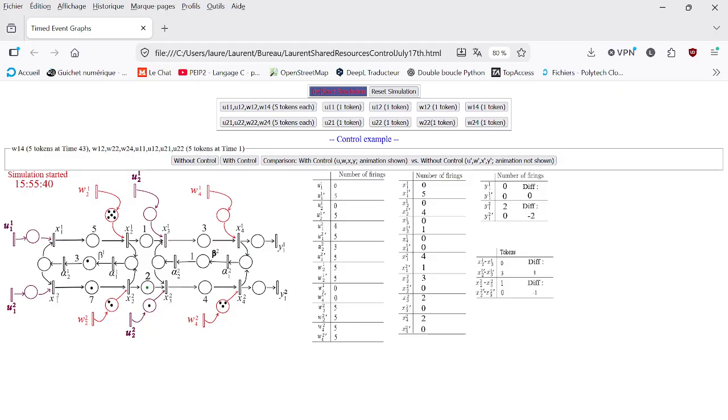It is not shown on the simulation because it's on the other window. And for this place, you have the same evolution of the stock. And in the same way, here we are dealing with the lower priority first because the resource is not available on this place.